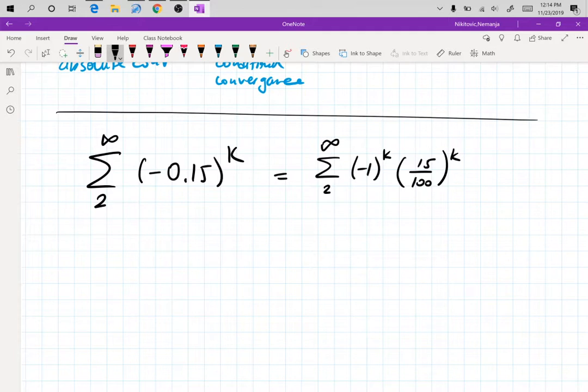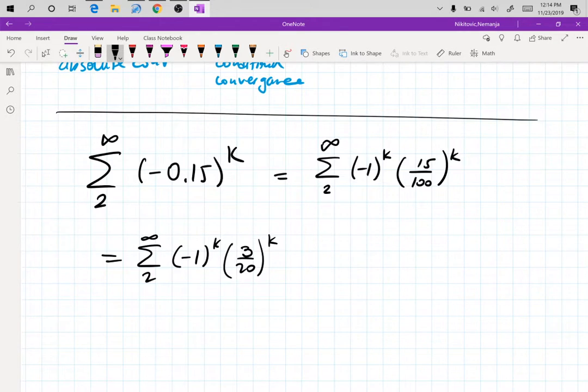We can do as 15 over 100. And simplify this one more time. -1 to the k, divide by 5, get 3 over 20 to the k. So this would be the simplest form to write this problem in.